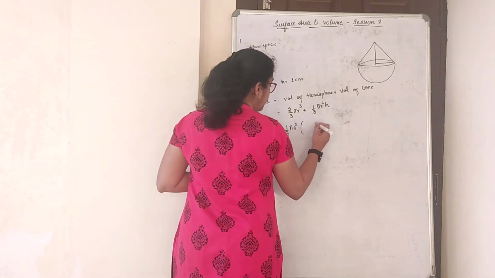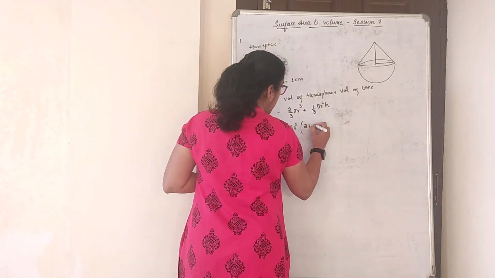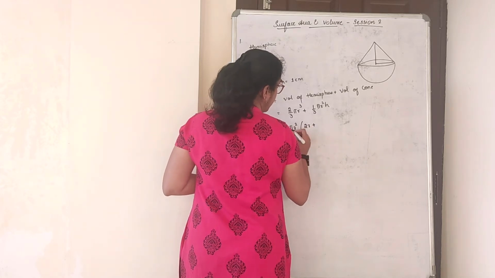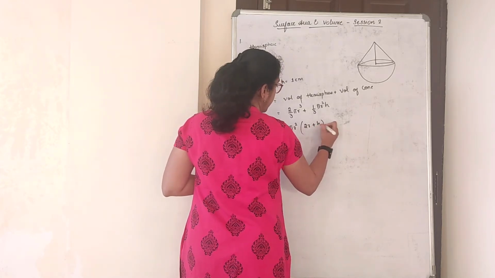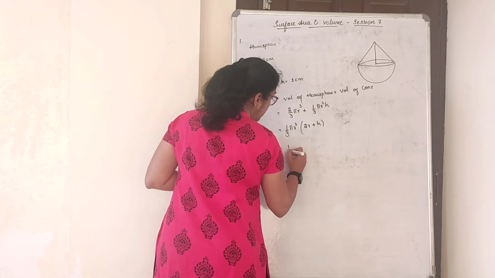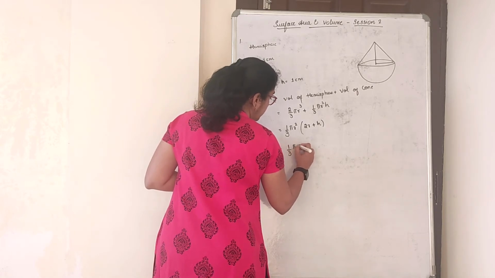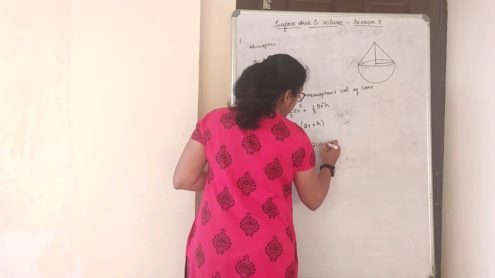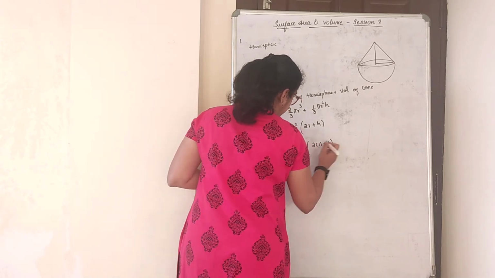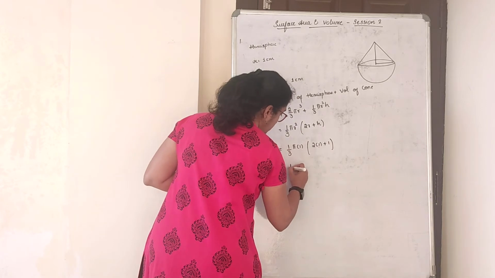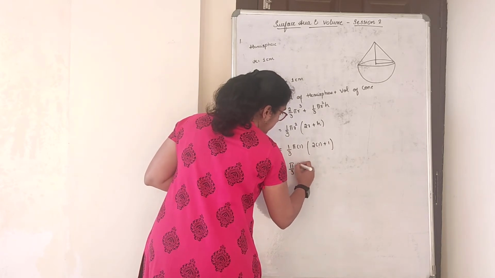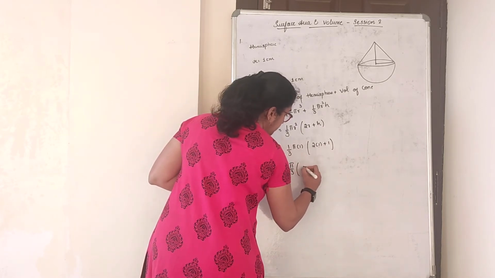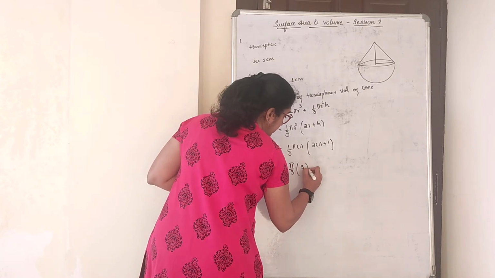What will remain inside? 2r plus h will remain. Keep pi as it is. 1 by 3 pi into 1 of 2 into 1 plus 1. So this is pi by 3 of 2 plus 1, 3.